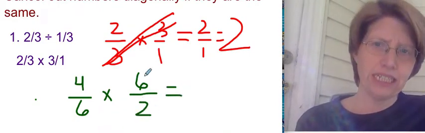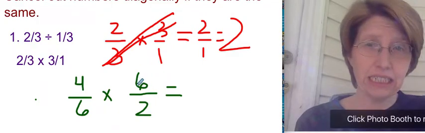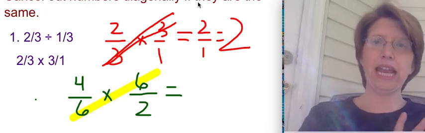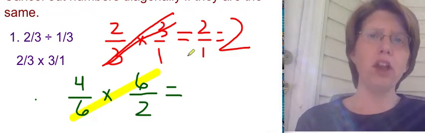And look at that, we did it again. We've got a 6 and a 6 diagonally, which means, let's go to a highlighter, I can cancel that out. I cancel it out. Now I just bring over what I have left.